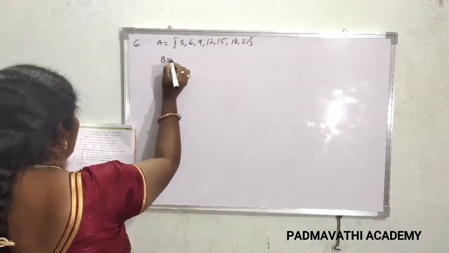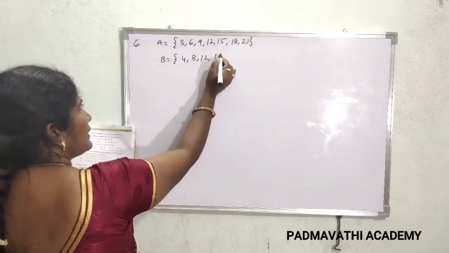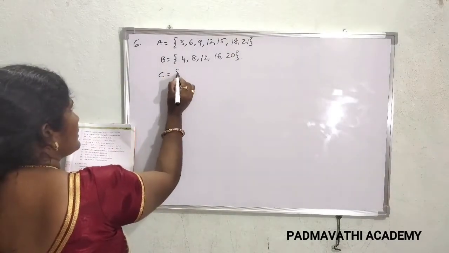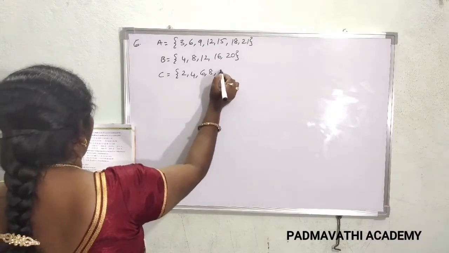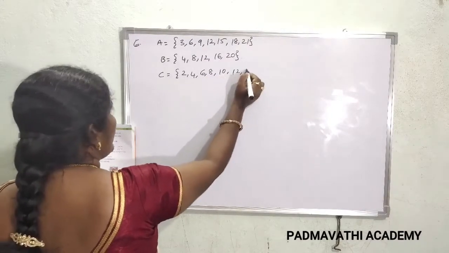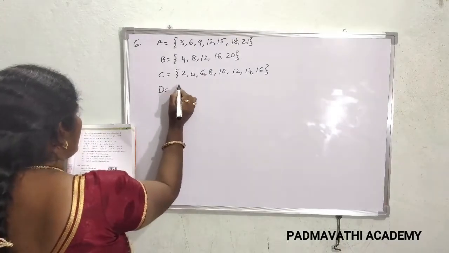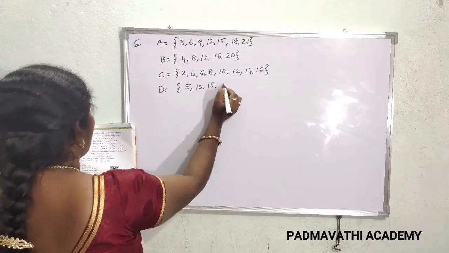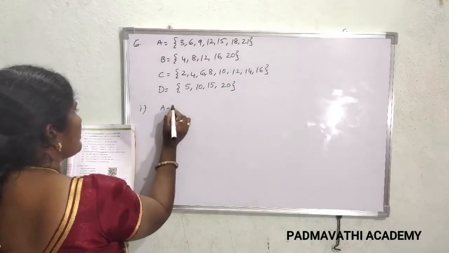B is equal to 4, 8, 12, 16, 20. C is equal to 2, 4, 6, 8, 10, 12, 14, 16. D is equal to 5, 10, 15, 20. Find out A minus B.